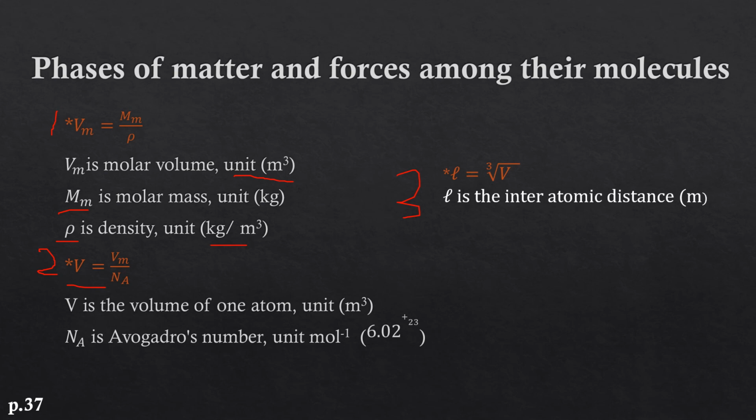V is the volume of one atom, unit meter cubed, and Na is Avogadro's number, unit mol to the power of -1. L is the interatomic distance, unit meter. These formulas are on page 37.